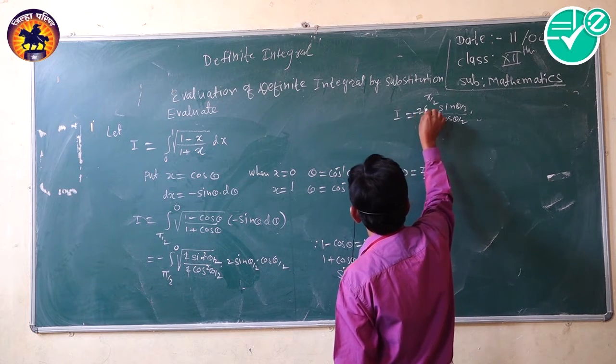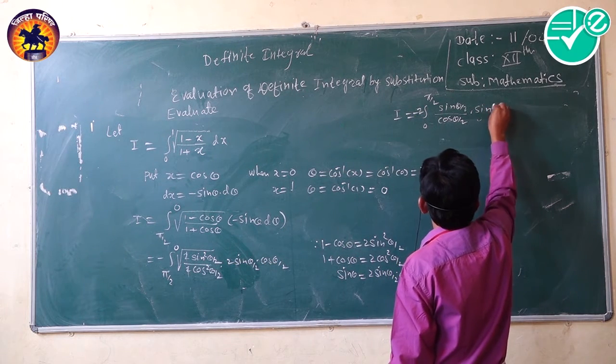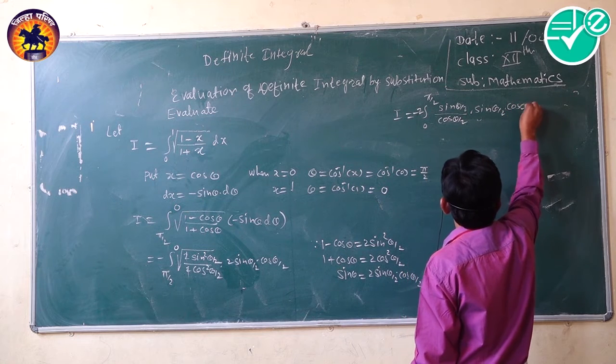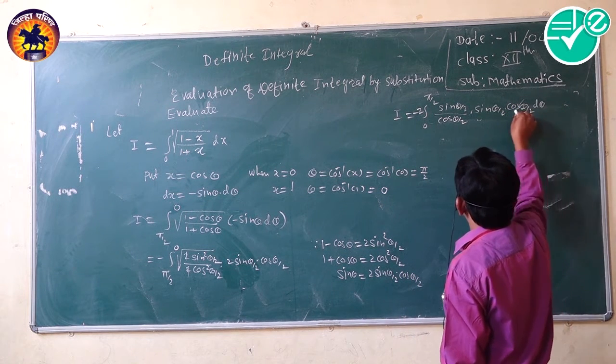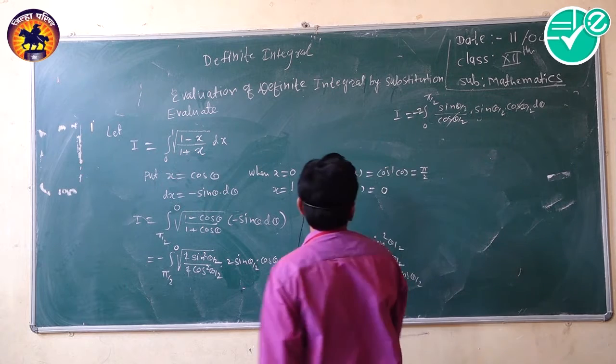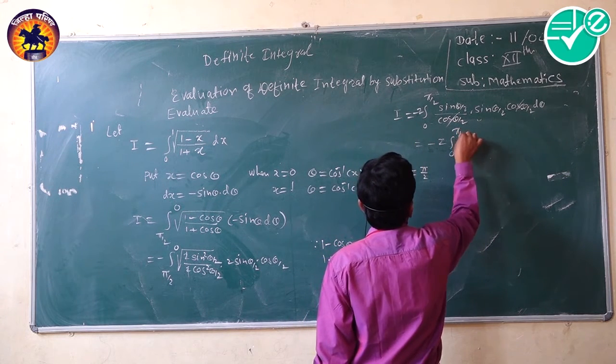Taking the 2 out of the integral, sin theta by 2 into cos theta by 2 d theta. This cos theta by 2 gets cancelled.